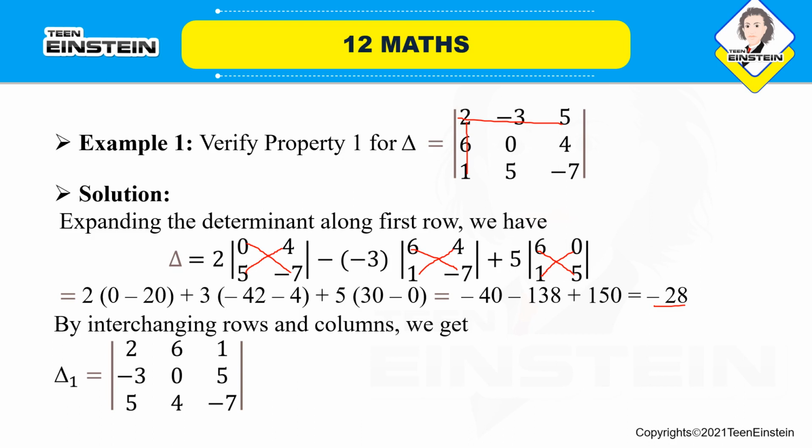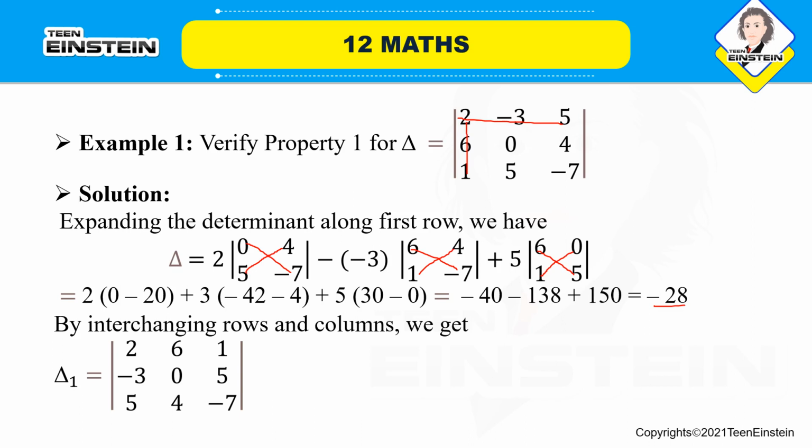Okay. Here what I am going to verify is that the value of the determinant remains unchanged if the rows and columns are interchanged. So I am going to interchange the rows and columns and verify that.